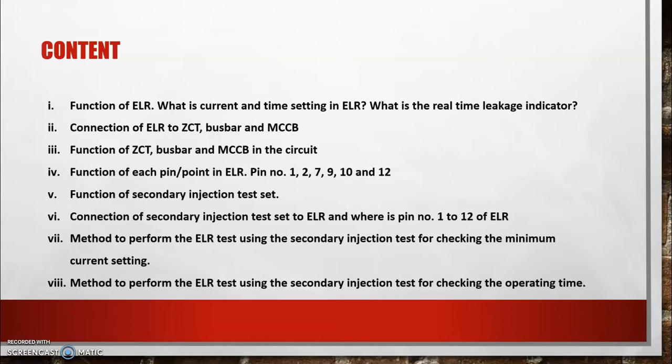Number 4, function of each pin in ELR, pin number 1 until number 12. Number 5, function of secondary injection test set. Number 6, connection of secondary injection test set to ELR. Number 7, the method to perform the ELR test using the secondary injection test for checking the minimum current setting. And the last, the method to perform the ELR test using the secondary injection test for checking the operating time.